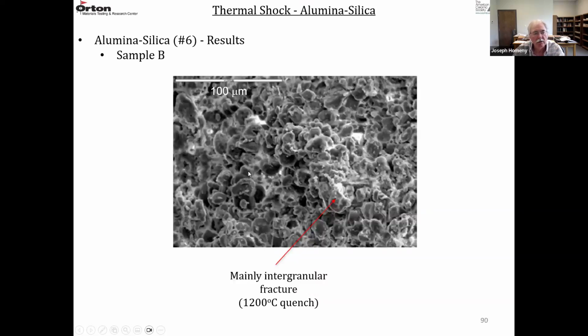That's intergranular fracture. Sample B is mainly intergranular fracture, and this is again for a 1200 degree C quench. Here's a little bit of transgranular fracture over here and maybe over here, but mostly intergranular fracture.